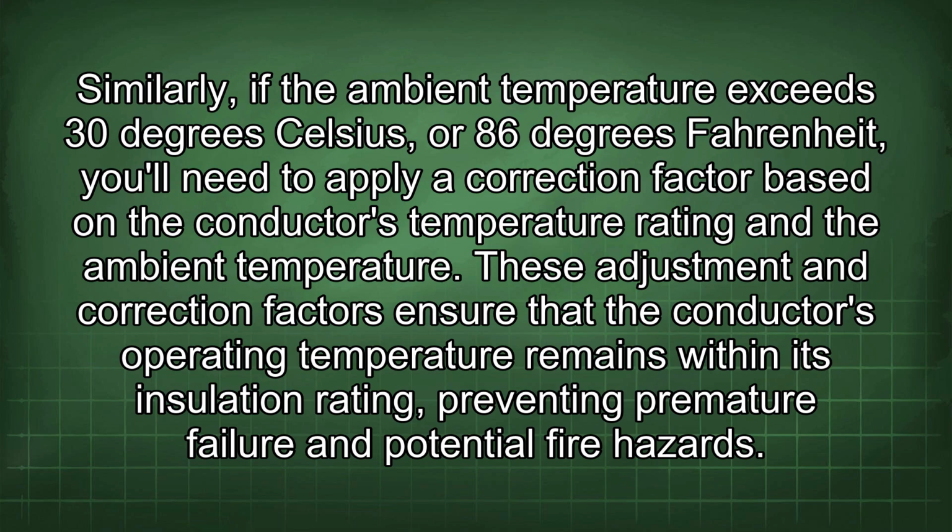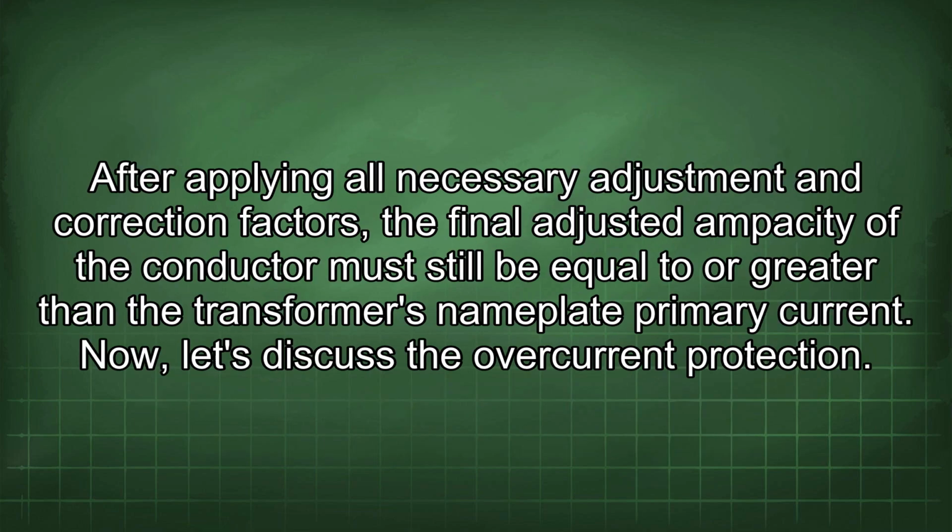These adjustment and correction factors ensure that the conductor's operating temperature remains within its insulation rating, preventing premature failure and potential fire hazards. After applying all necessary adjustment and correction factors, the final adjusted ampacity of the conductor must still be equal to or greater than the transformer's nameplate primary current.